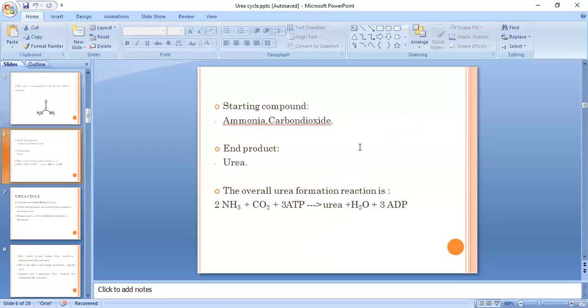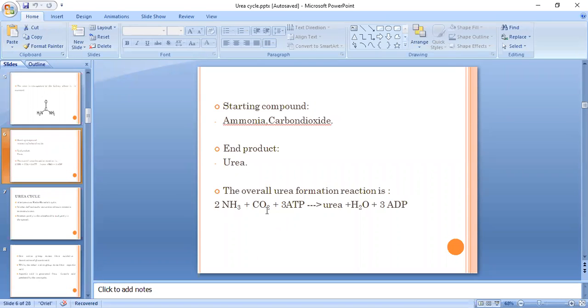For the production of urea, there should be a starting material and an end product. The starting materials are ammonia and carbon dioxide, which are converted into urea through metabolic processes. The overall urea formation reaction can be given like this: we require two molecules of ammonia and carbon dioxide as the starting materials.